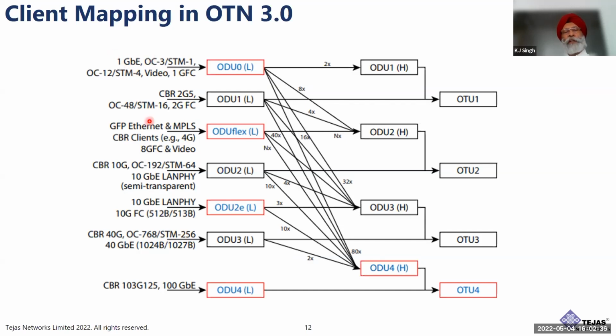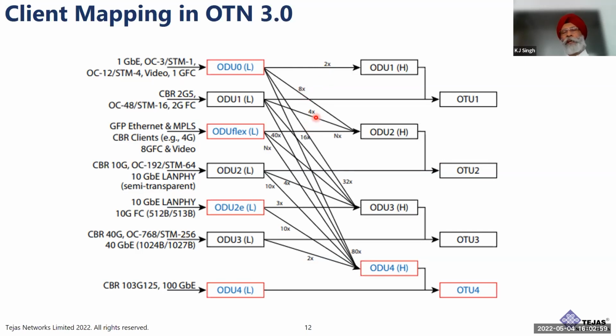So gigabit, other types of MPLS data, 10 gigabit, 100 gigabit, all were motivations to add additional capability in the multiplexing structure. So in a 10 gig, you can carry, for example, 8 gigabit Ethernet frames.